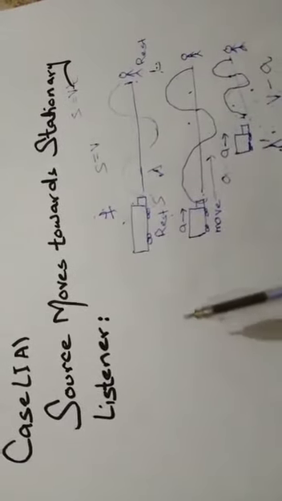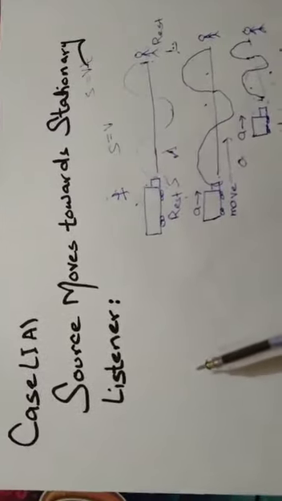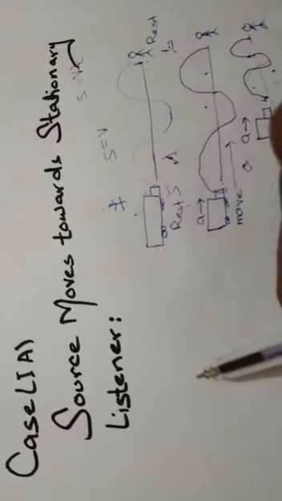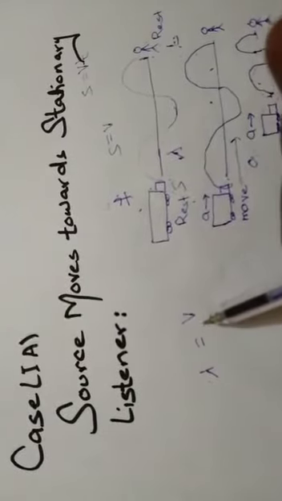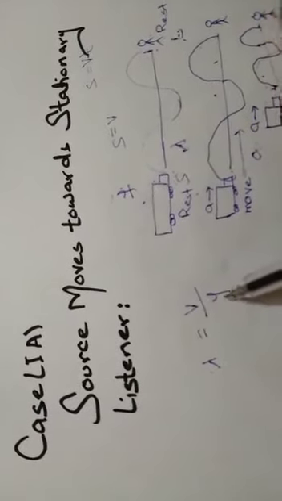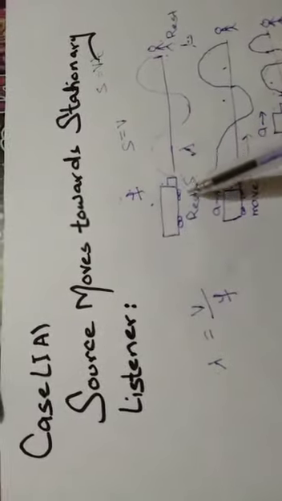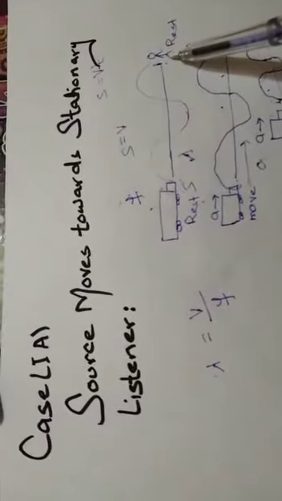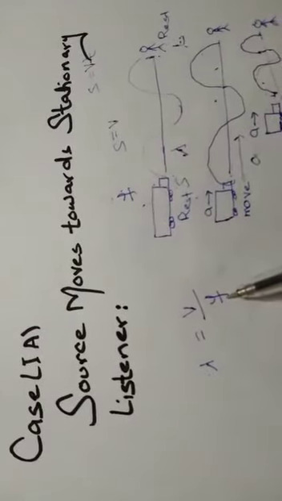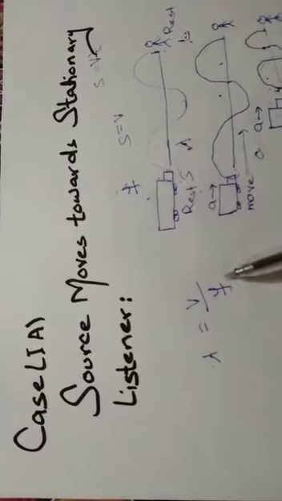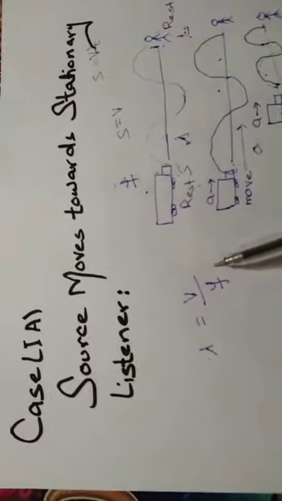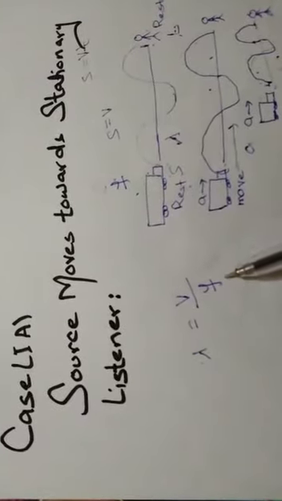As in your last lecture, we write the expression for the wavelength: lambda is equal to v divided by f, where v is the distance between the sounding source and a listener, and f is the frequency of the sound generated by the sounding source, or the number of the waves emitted by the source per second.